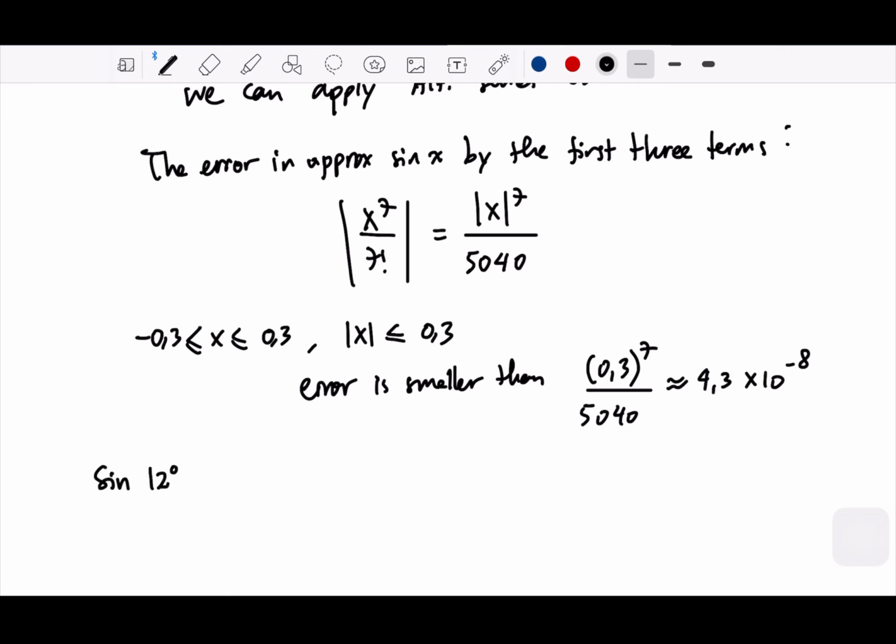Sine 12 degrees. This will be equal to sine, we can convert using radians.